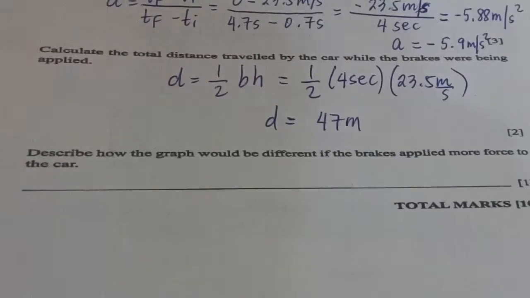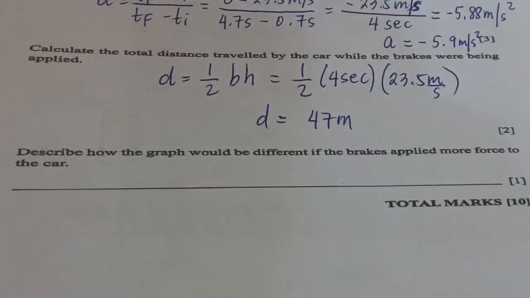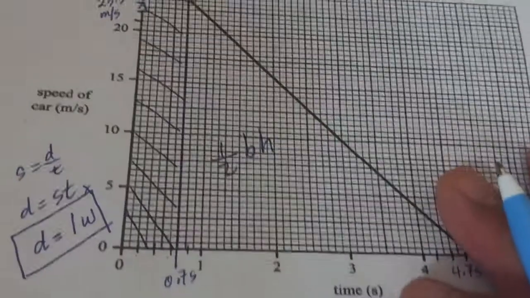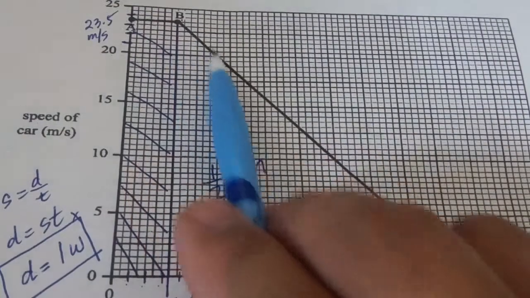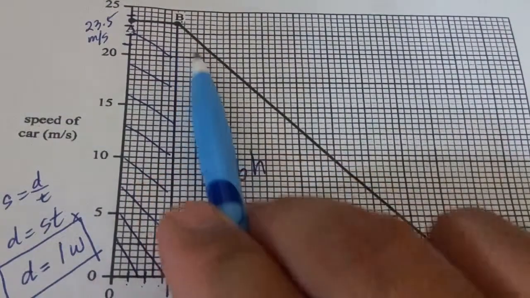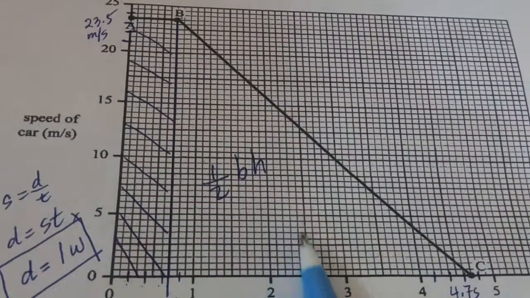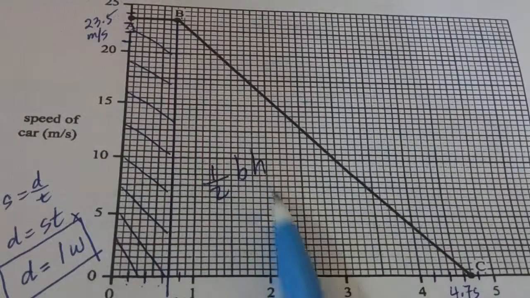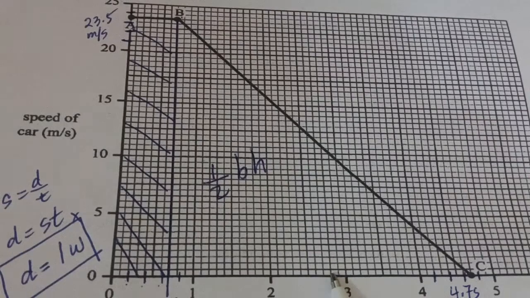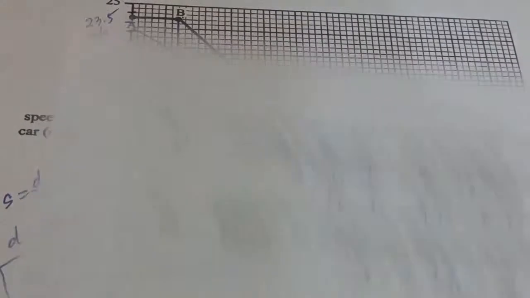Now describe how the graph would be different if the brakes applied more force to the car. The tendency is that if the driver applies more force on the brake, then the graph will be steeper. So it will be able to stop in less time.